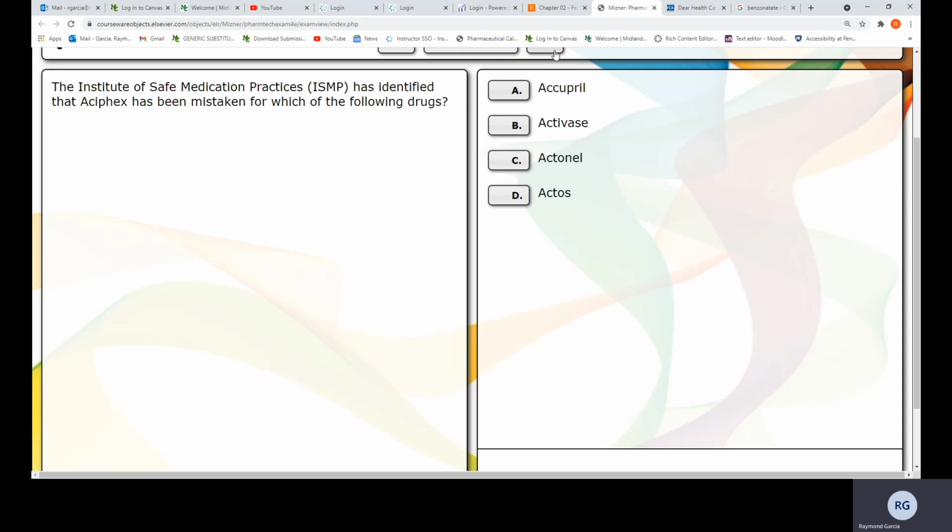The Institute for Safe Medication Practices, ISMP, has identified that Acifex has been mistaken for which of the following drugs? Actipril, Activase, Actimel, or Actose.